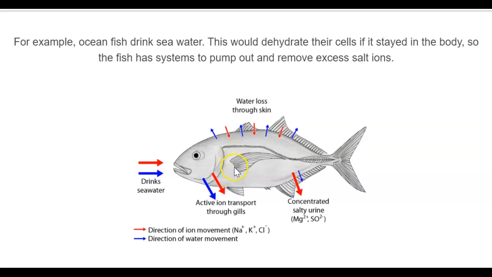So the fish does drink the seawater, but at the same time, it has these processes to get rid of excess salt ions. And that's called osmoregulation, keeping the amount of salt in the animal's body at a constant rate.